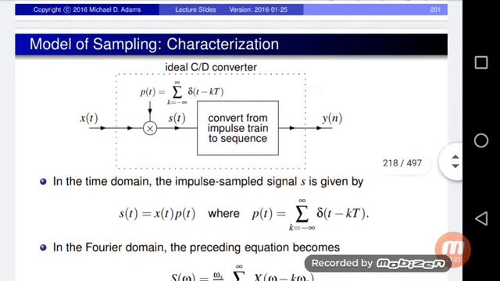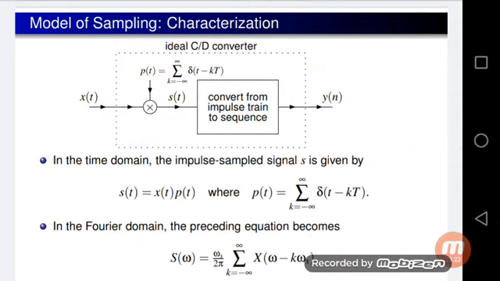In the time domain, the impulse response of the sampling signal s is given by s of t equal to x of t p of t, where p of t equal to summation of k from minus infinity to infinity of delta of t minus kT.